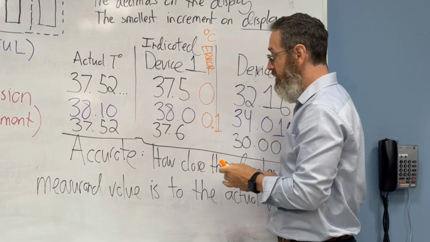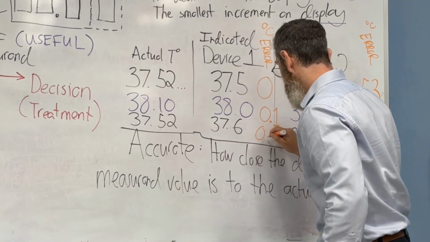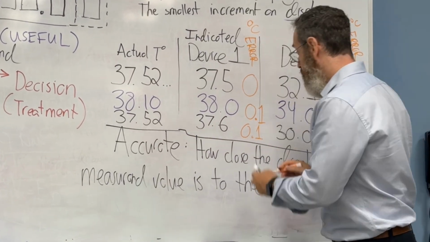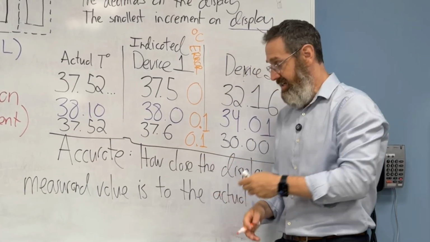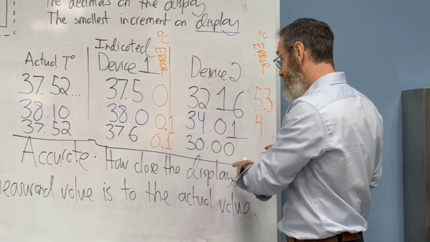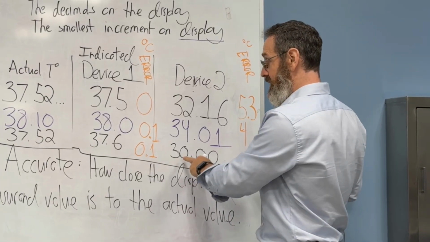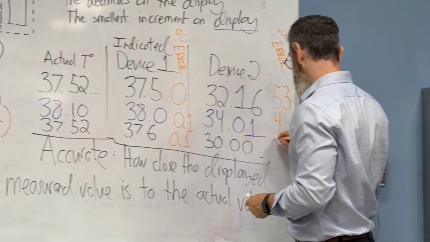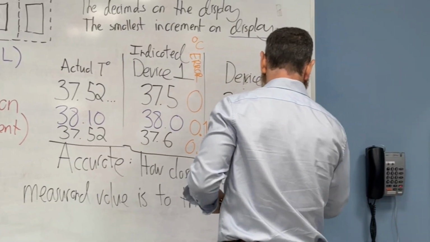How far off were we in this case? Well, in this case, we were once again around 0. The error was about 0.1 degree. The error is how far away we are from the actual. In this case, the error was, wow, now we are at 30. The error gets up to 7.5.